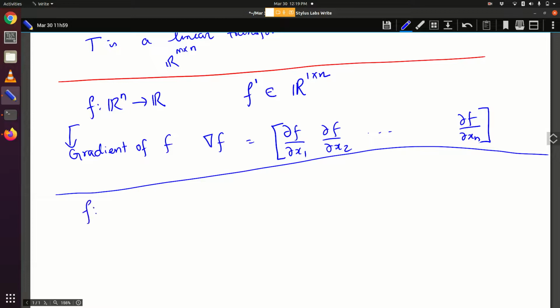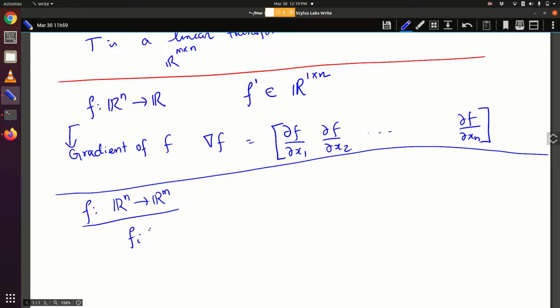So f from Rn to Rm. This is a little bit complicated, in the sense that there are too many things, so you have to take it slowly. What we will do is first look at fi, only the ith component.